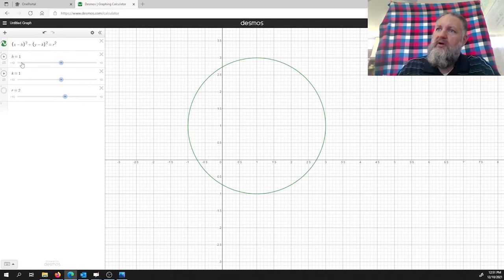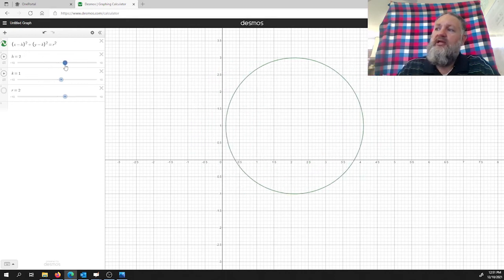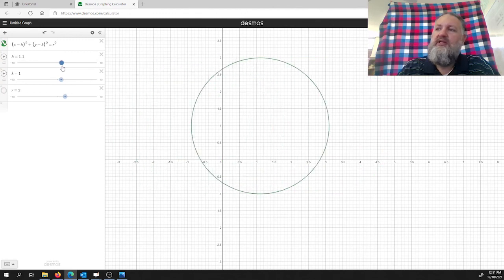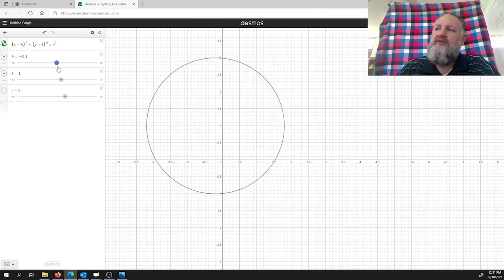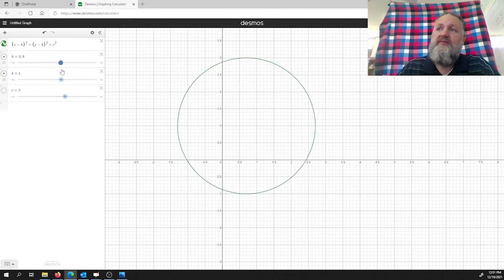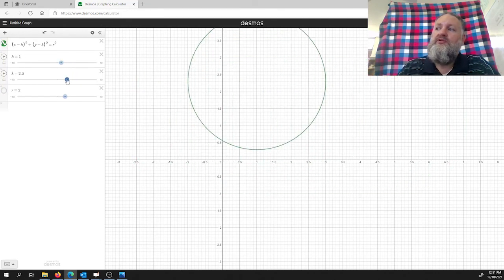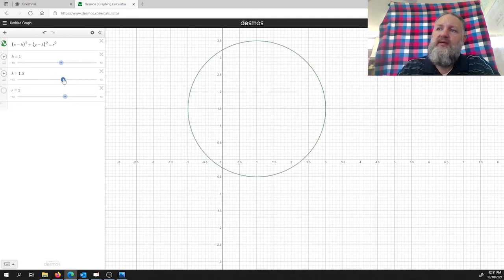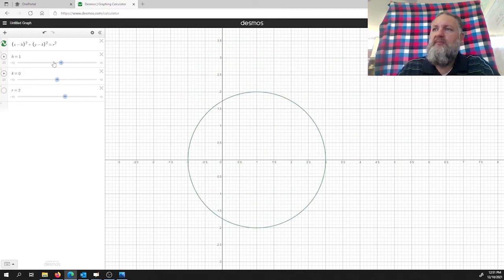If I change, and if you look up here, I've got my x minus h. So you might think that that will change. Oh, and look, it does. It changes our horizontal positioning. If I change that x value, it will change the center of my circle in the horizontal motion. The k will change it in a vertical motion. Okay? And of course, I already talked about the r.